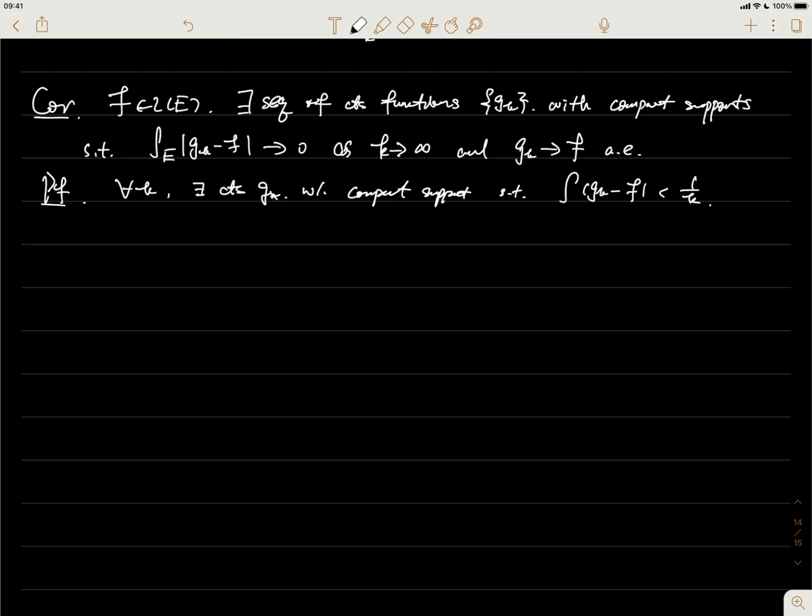Then apparently the integral of g_k minus f will converge to 0 as k goes to infinity.